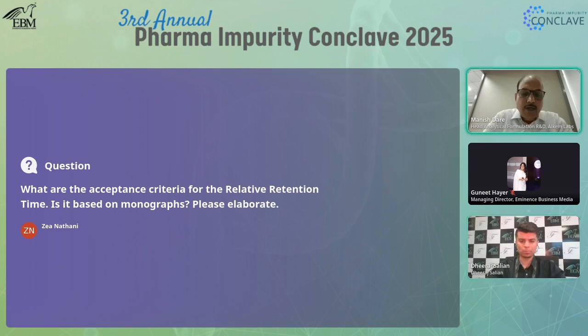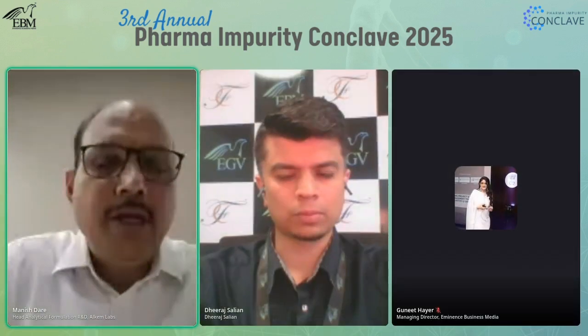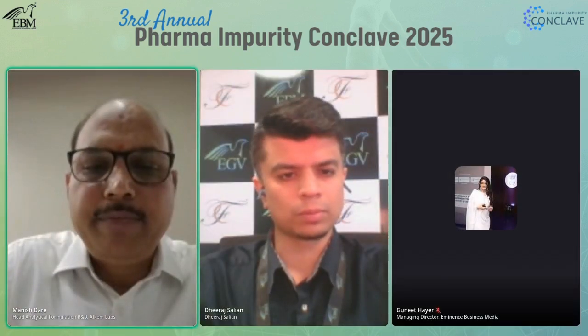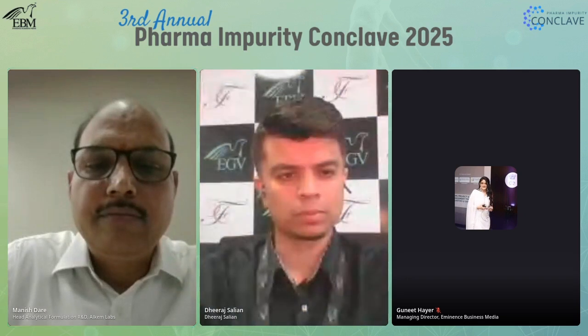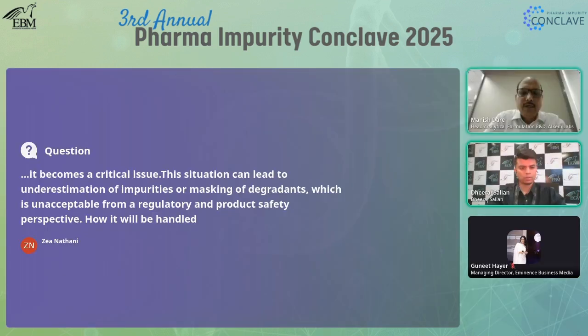For relative retention time there is no criterion, but yes, the peaks need to be separated well. As per the USP, the minimum resolution should be 1.5. Accordingly, RRT can be calculated.